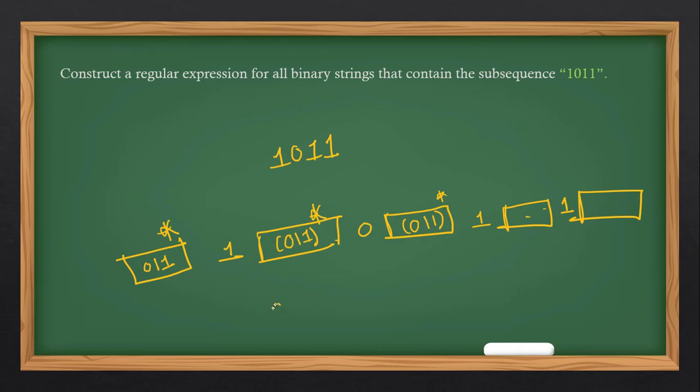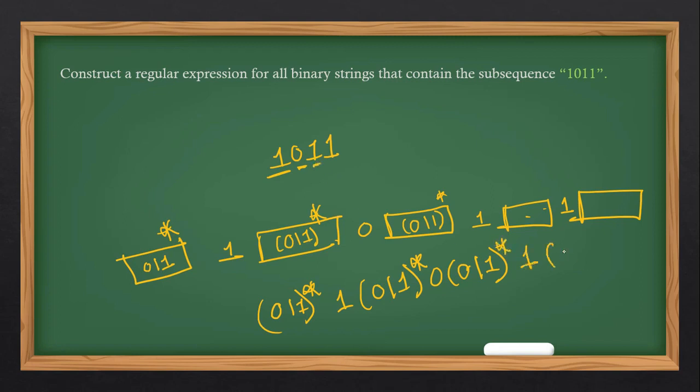So the answer is, you can get 0 or 1, then there will be a 1, which is this one, and then we can have other symbols, and we'll get a 0, this 0, and then we can again have other digits, and then we get this one, and then again.